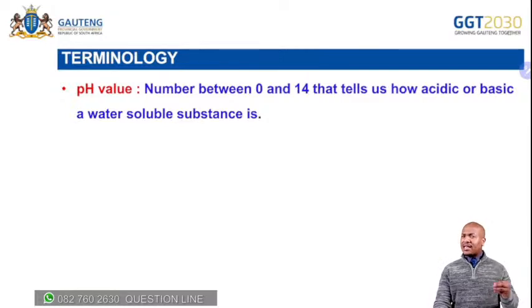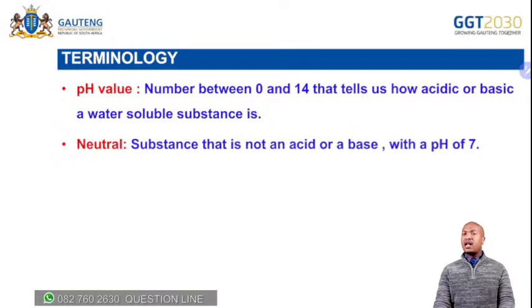We also have neutral. Neutral is a substance that is not an acid or a base, so it is neither acidic nor alkaline, and it has a pH of 7.